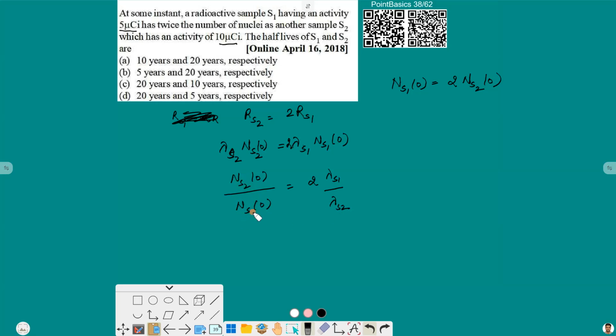Now this ratio will be half. So from this, lambda S1 by lambda S2 comes out to be 1 by 4, and we know that lambda is basically ln2 by t half. So from this I can write that t half for S2 divided by t half for S1 will give us a ratio of 1 by 4.